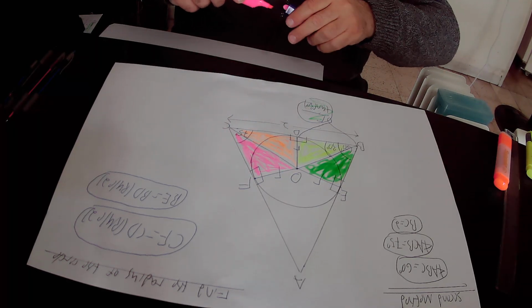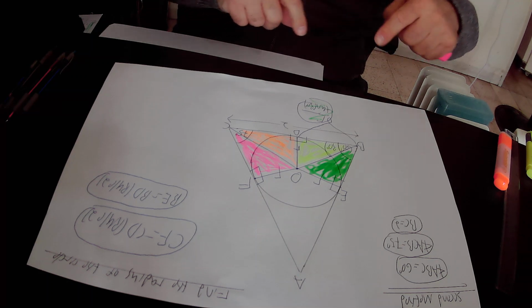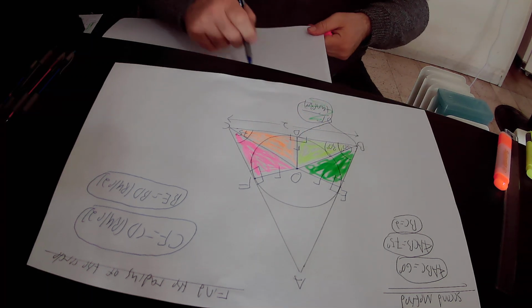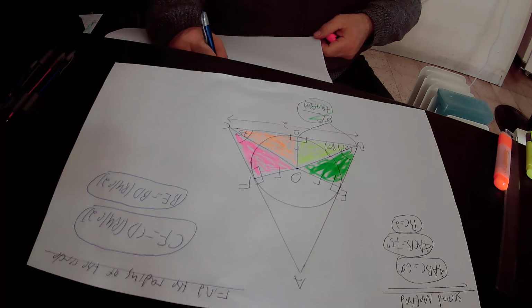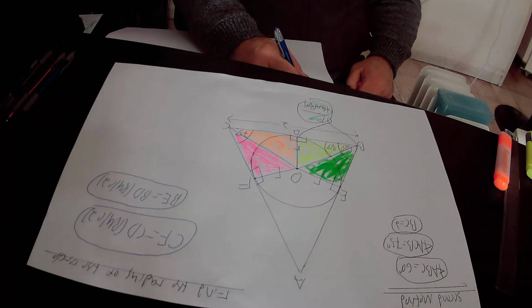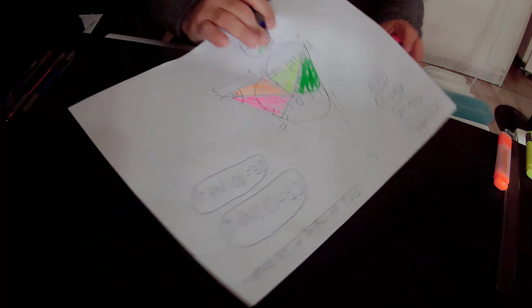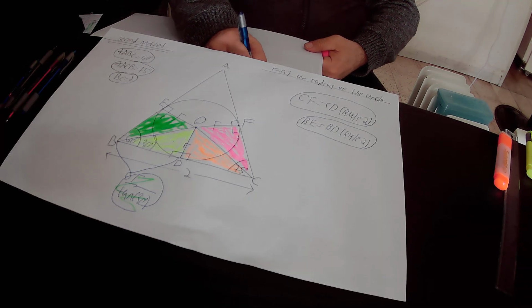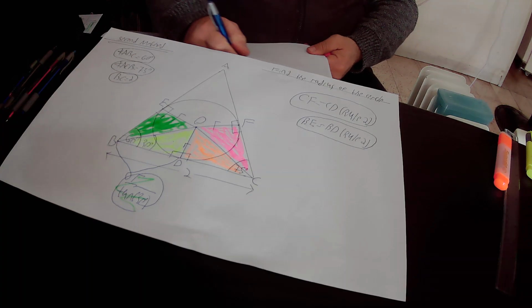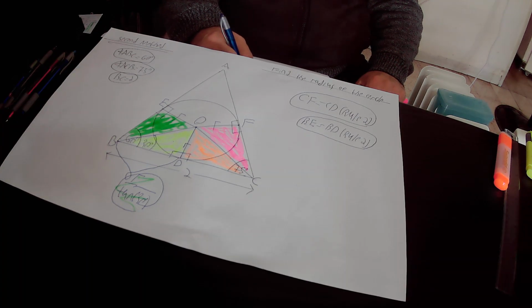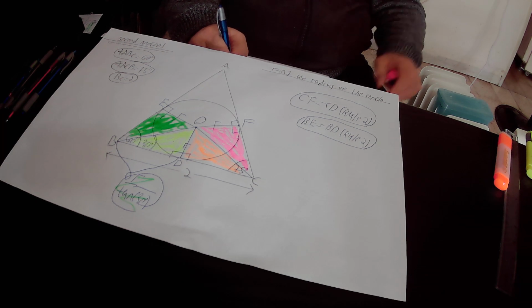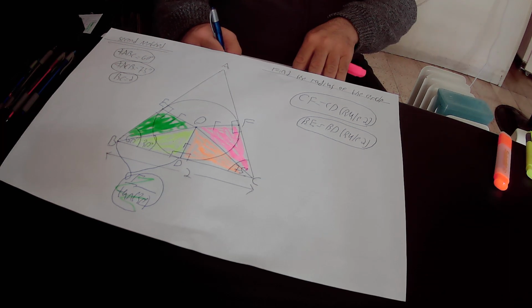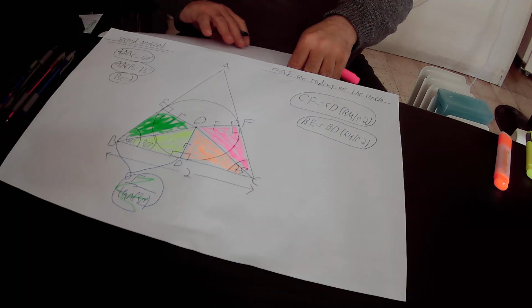I'll do it quickly because we have already done it on those two right triangles. So the right orange triangle ODC is congruent to the right pink triangle OFC. So why is the pink triangle congruent to the orange triangle?